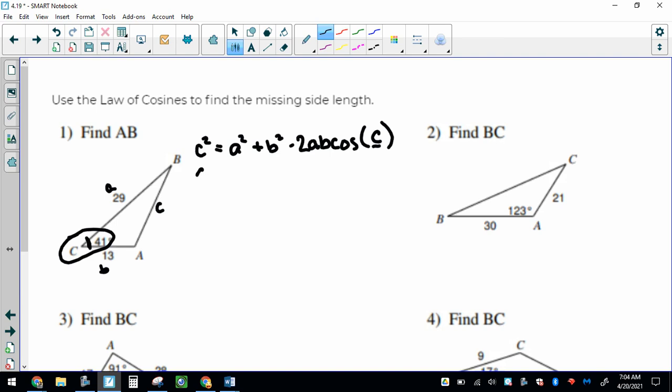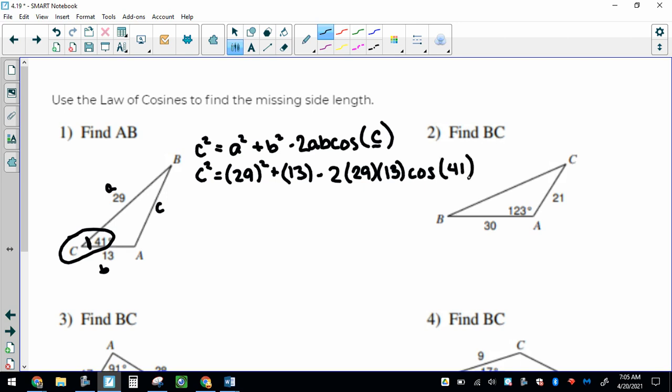We don't know what little c is, but we do know that a is 29, little b is 13, minus 2ab cosine. Now remember, this is always an angle inside a trig function, so 41.